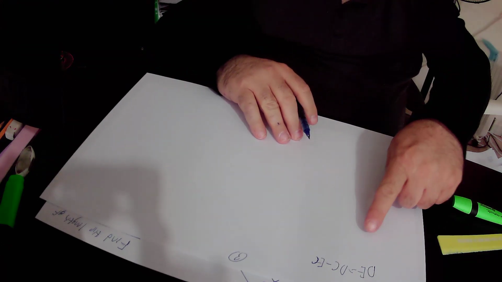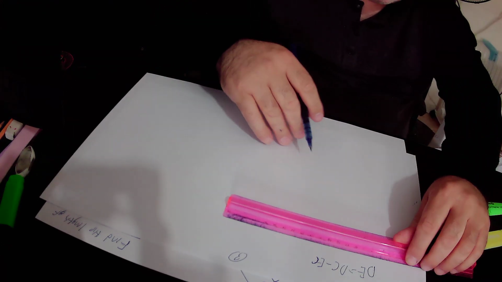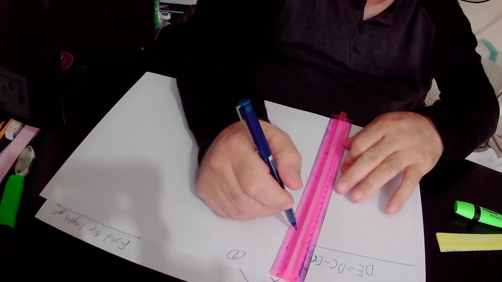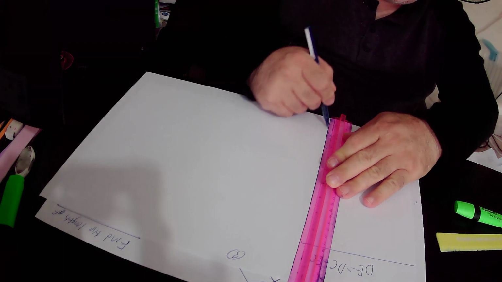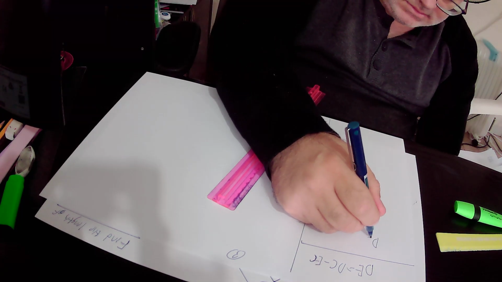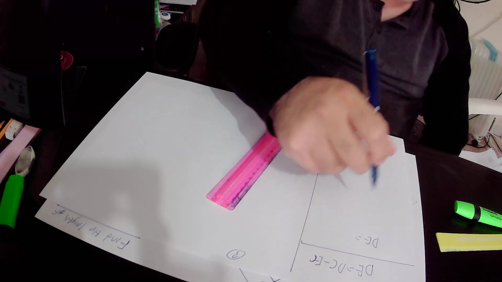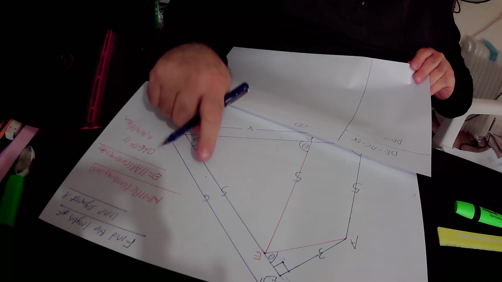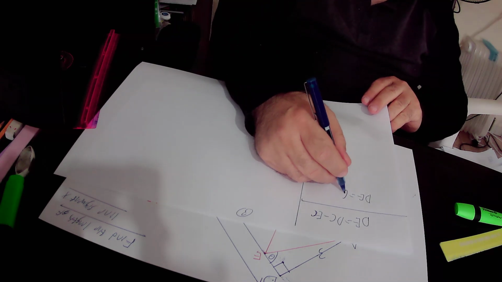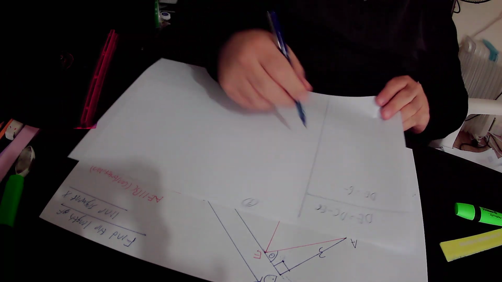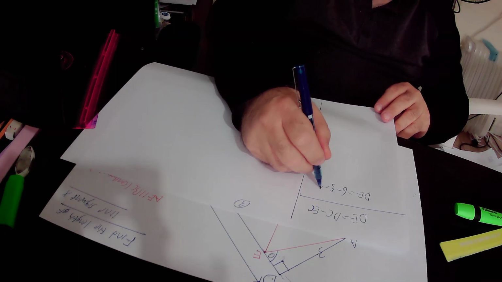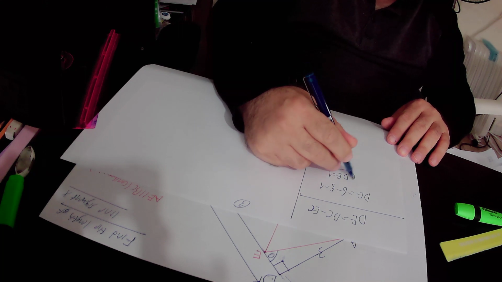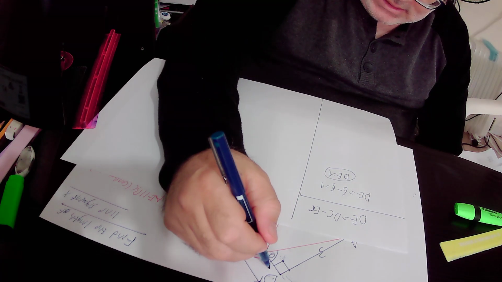I repeat again that DE equals DC minus EC. So actually, DE equals DC, that is 6 units, minus EC, that is 5 units. 6 minus 5 is 1, so DE equals 1 unit. So I can write here that DE equals 1 unit.